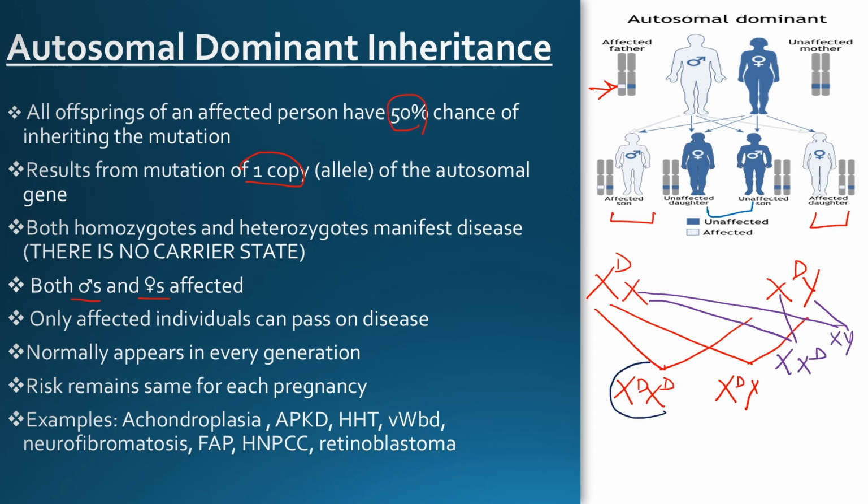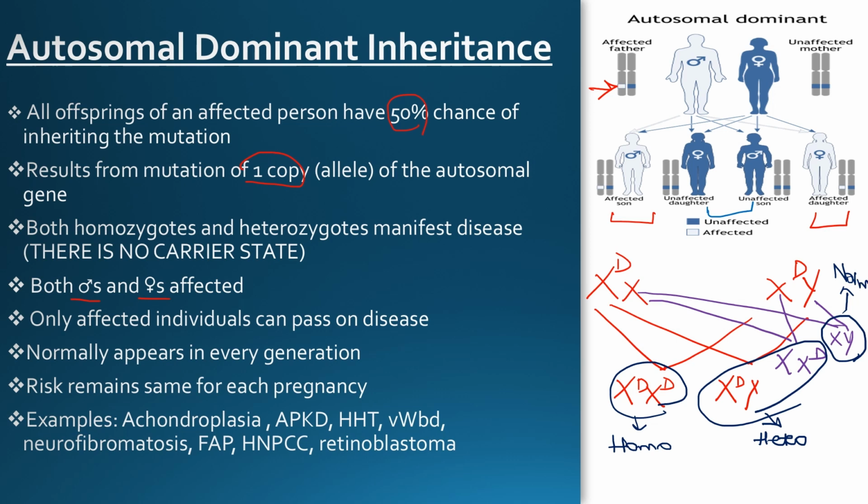This right here is the homozygote for the disease because she has two genes that are mutated, whereas these two offspring will be heterozygotes because only one of their genes is mutated. This right here will be the normal offspring.